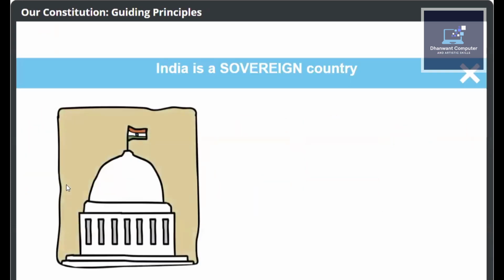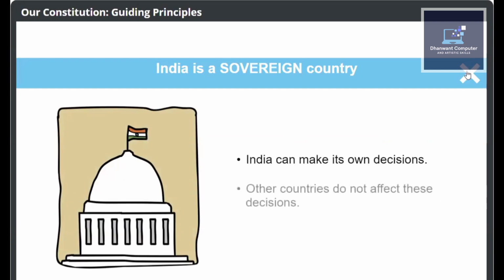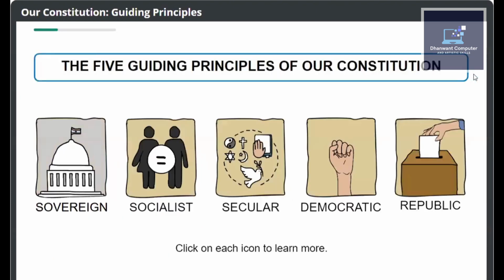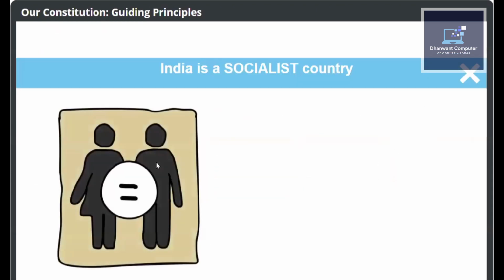India is a sovereign country. This means India can make its own decisions. Other countries do not affect these decisions. India is a socialist country.